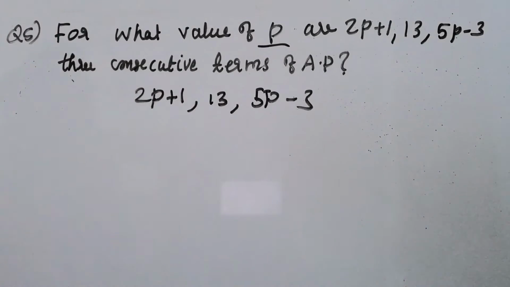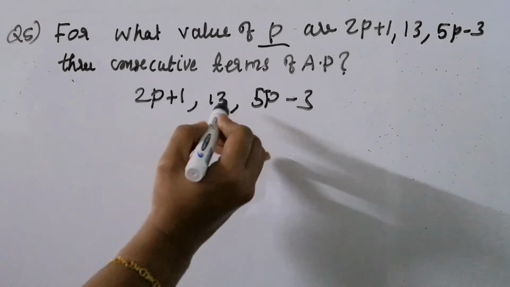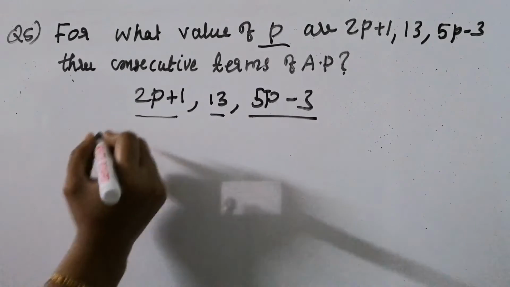Okay, so we are using these three terms. Then we have to take this one as the first term, this one as the second term, and this one as the third term.